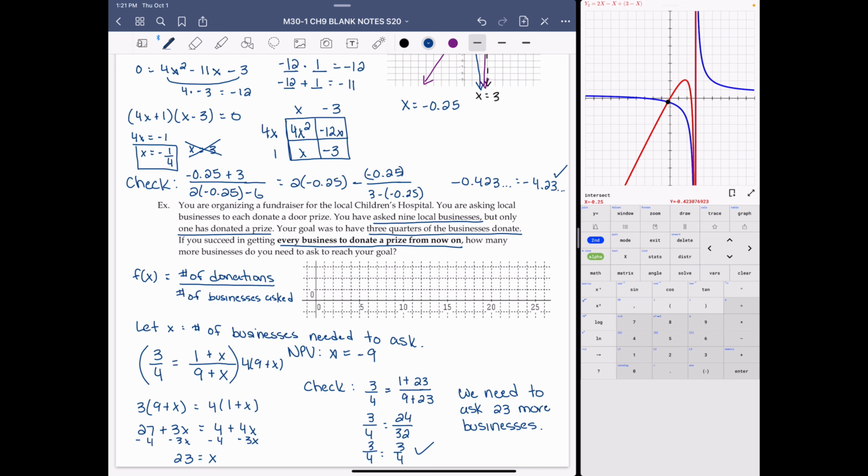Let's draw a quick sketch of this. Clear that, clear that. We have 3 divided by 4 as one function, and then bracket 1 plus x, close bracket, divide bracket 9 plus x, close bracket, enter graph. And here we go. So our window on this little graph we're given is very different from what I have.